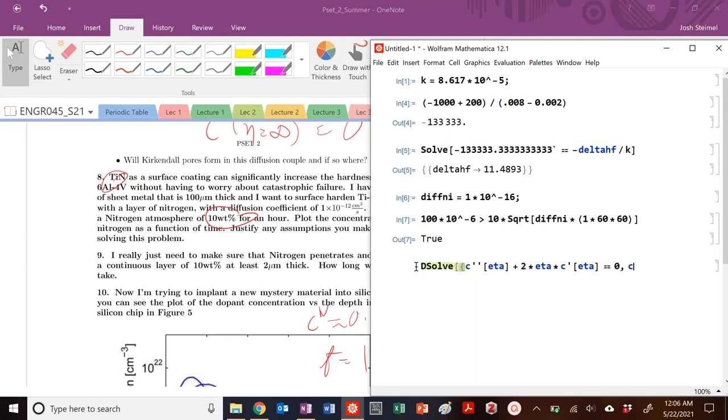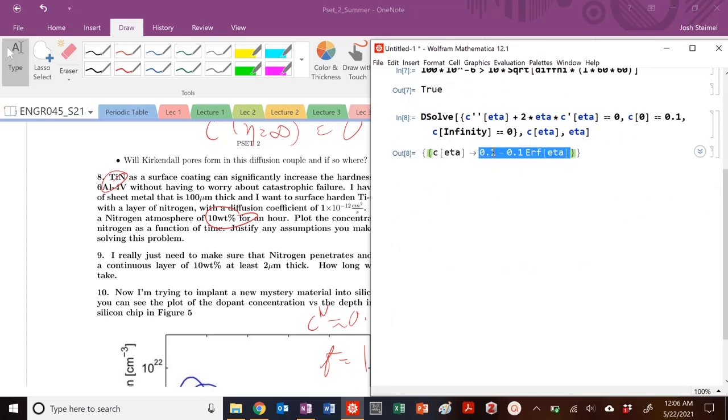I want to solve it with boundary conditions C of 0 equals 0.1 and C of infinity set equal to 0, solving for C of eta and for eta. I believe this should work, and what do you know? That is my concentration profile.